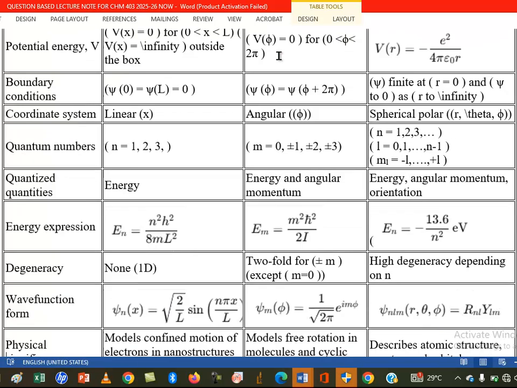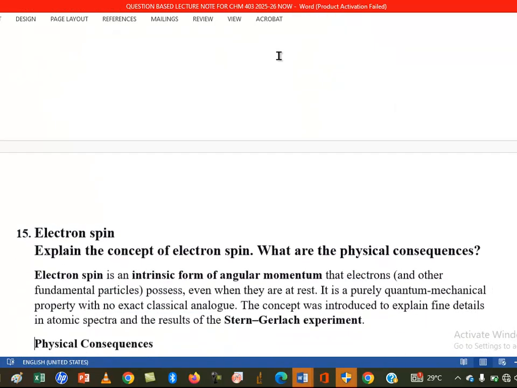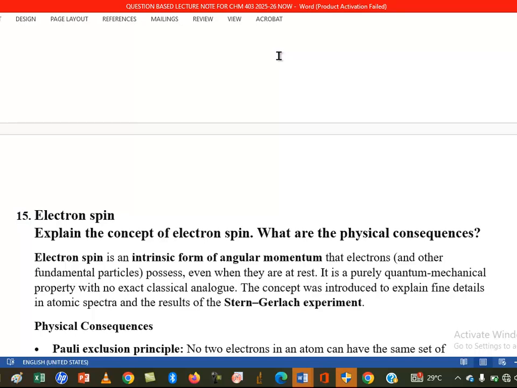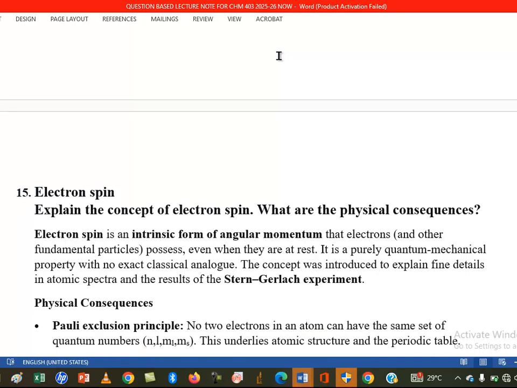Now to our next question. I think we're about to finish. Yes, the last one. So electron spin. Explain the concept of electron spin. What are the physical consequences of electron spin? So electron spin is an intrinsic form of angular momentum.